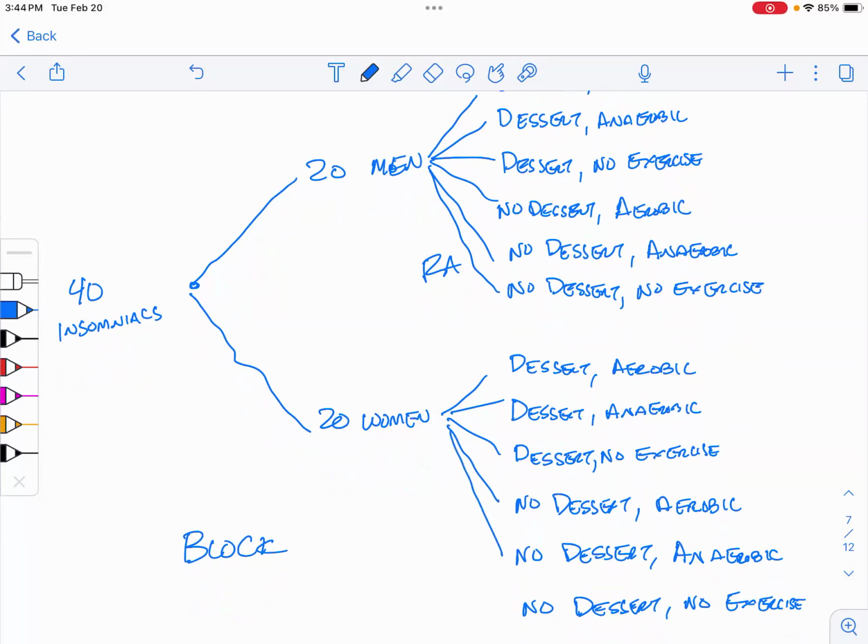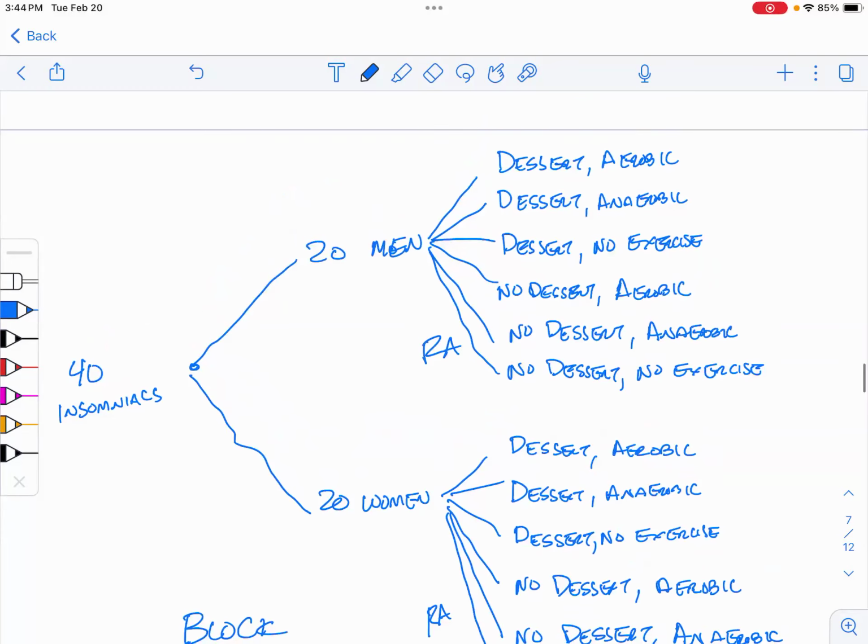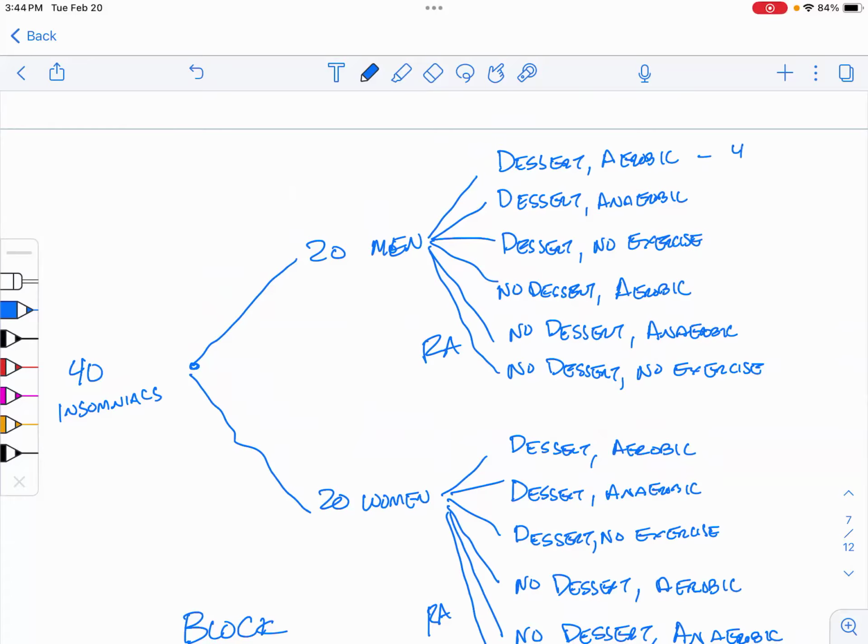But basically, all a block does is it means that you're conducting really two parallel experiments. And in this case, we have a smaller sample size, right? So now I have 4 men. Oh, 3 men.